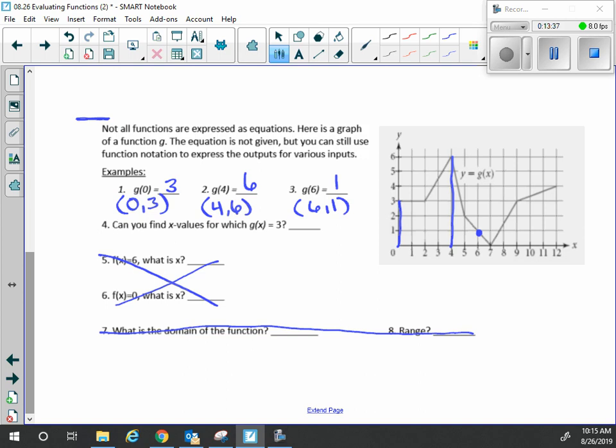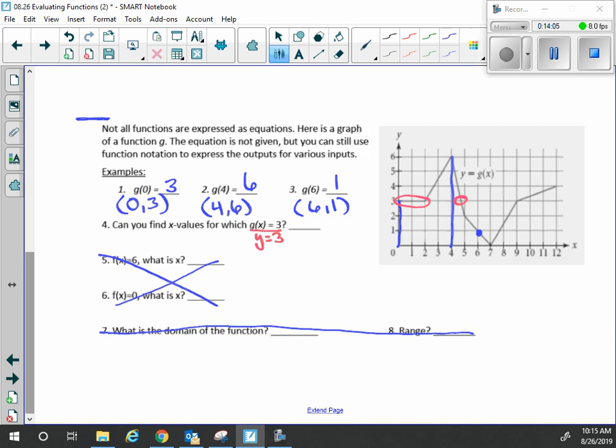Okay, now it says, can you find the x values for which g of x equals 3? So what is 3? X or y? Y. This says y equals 3. So where y equals 3, where does my line touch y equals 3? 0 through 2, right?